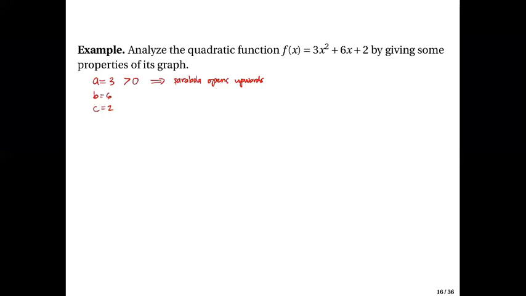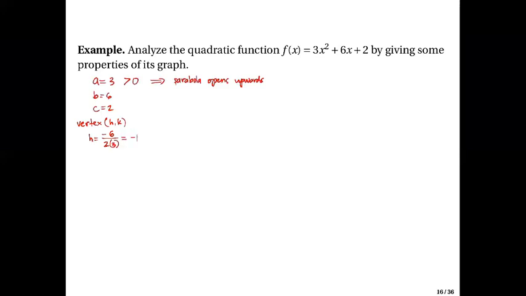Okay? And then we look for the vertex. So we have to solve for h and k. h will be negative b, so that's negative 6 all over 2a, 2 times 3.